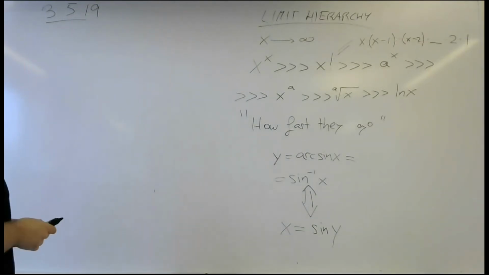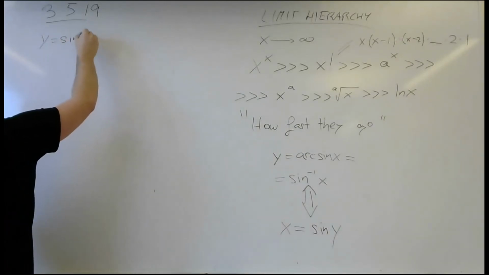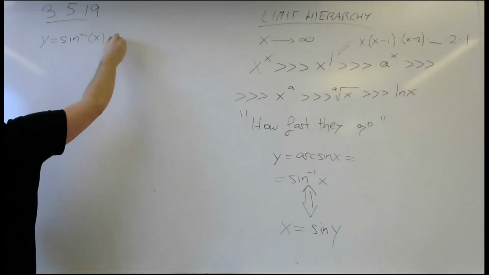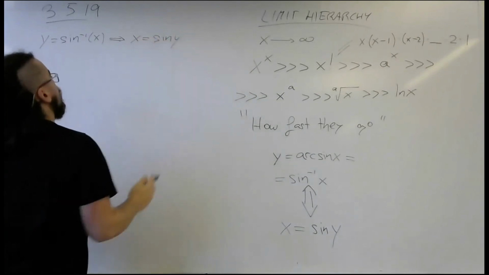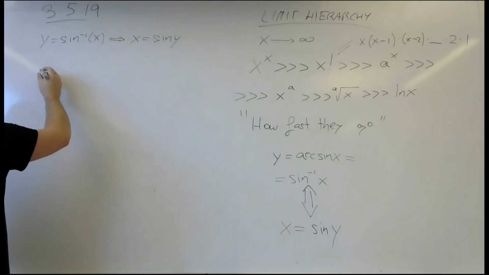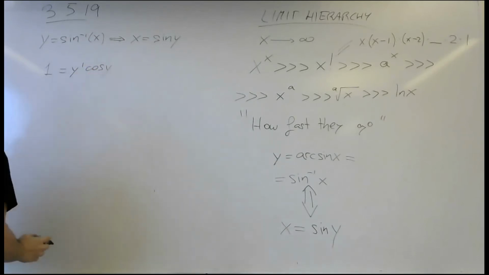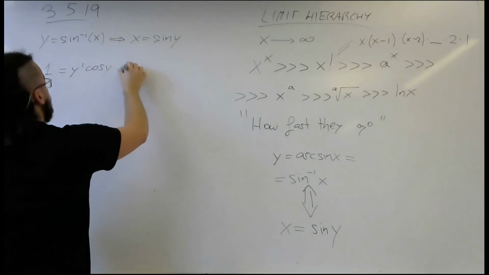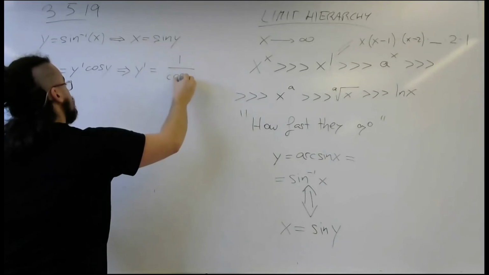Now, before we solve number 19, I'm going to show you something. In order to see how this works, I'm going to derivate this, and I have 1, and I have y prime cosine y. So y prime is 1 over cosine y.